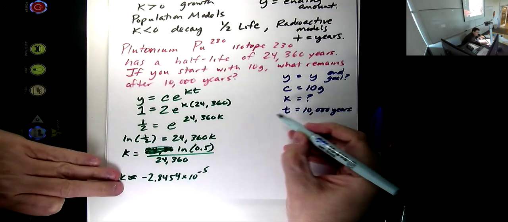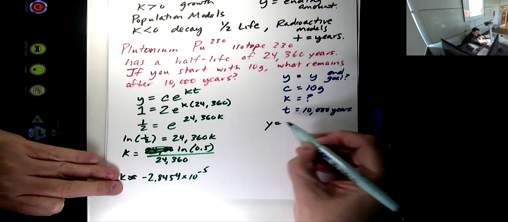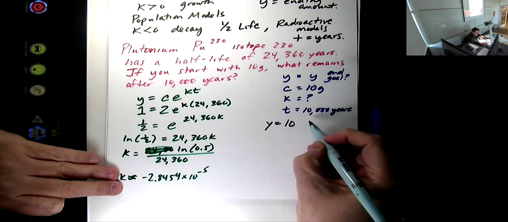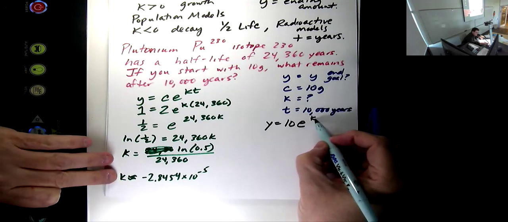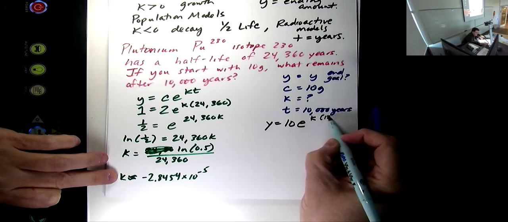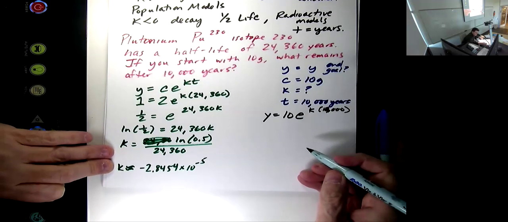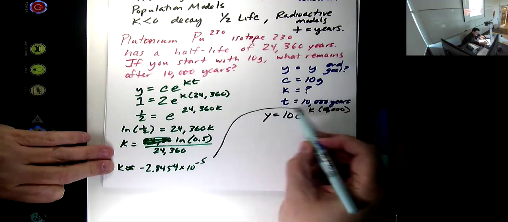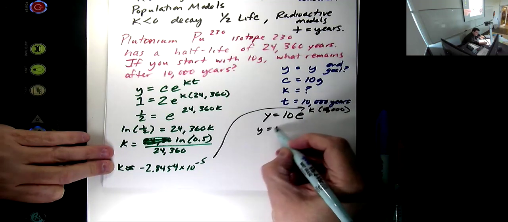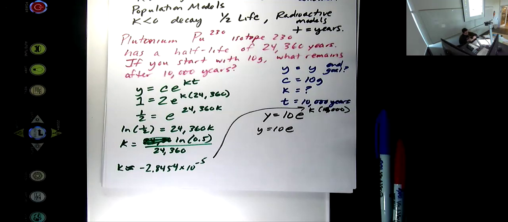So the question we wanna solve is Y equals C, which was 10 grams, E to K, which we now have, times 10,000 years. So I'm gonna plug that in. I'll multiply my K by 10,000.